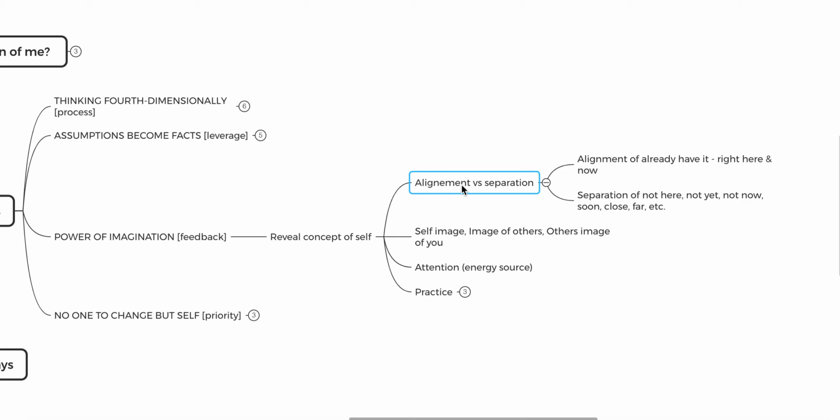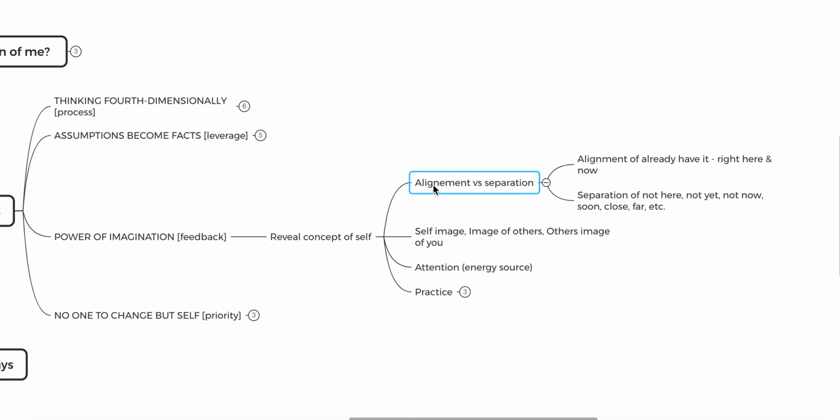All you really need to have a successful meeting and see how aligned you are, you can practice this all in advance, in your imagination. Because that's why this section is called Power of Imagination. Because you can practice. You can reveal your concept of yourself in advance.